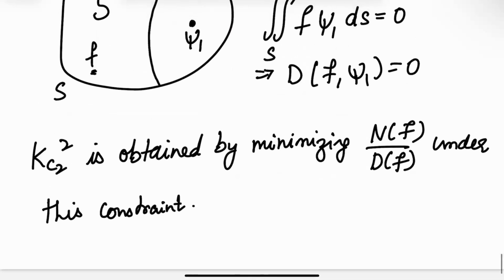Now, of course, Kc2 square is greater than Kc1 square, because Kc1 square was the global minimum, whereas now we're looking for a minimum after obtaining Kc1 square, right? So it cannot be a global minimum. It has to be greater than Kc1 square. It'll still be a minimum. So Kc2 square is in fact a local minimum.